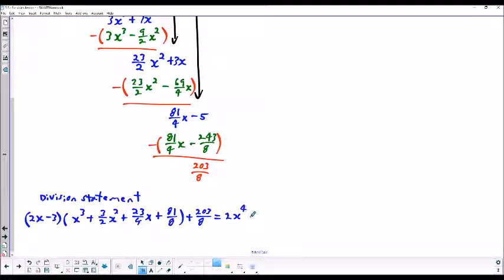You could write in the 0x cubed at this moment, but you don't really need to because we've used that placeholder in the division. So you can just write the plus 7x squared plus 3x minus 5.